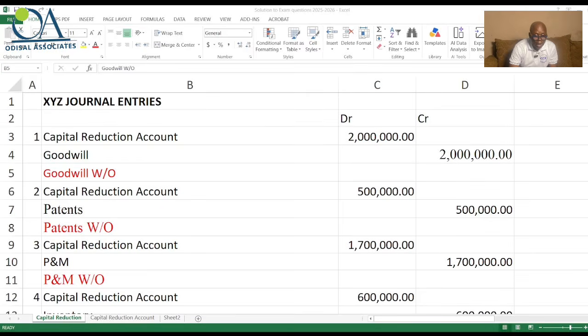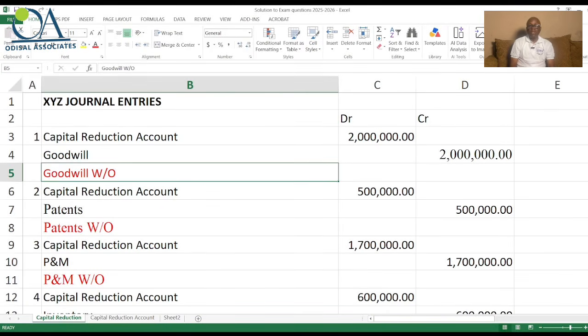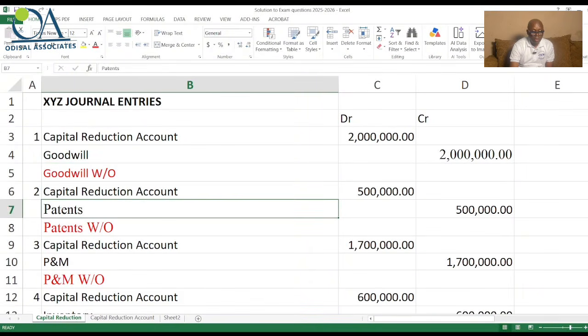Patents are valued at only 300,000, which means instead of the 800,000 that was in the statement of financial position, it should be reduced to 300,000. The difference is 500,000, that is 800 minus 300. This should be written off to capital reduction account. So we have debit capital reduction account and credit patent.